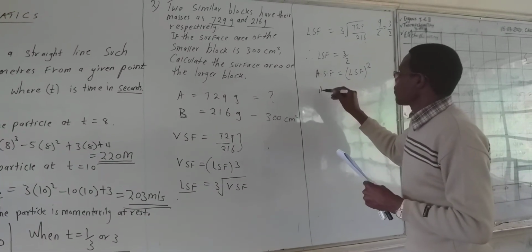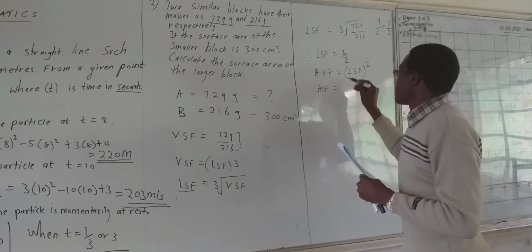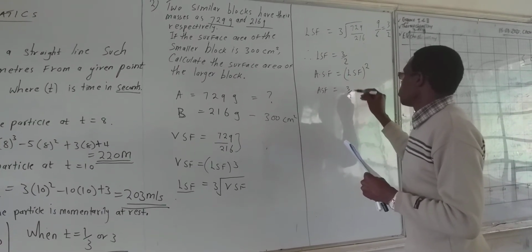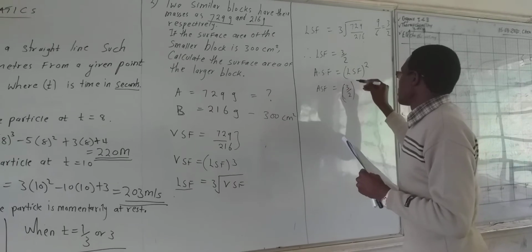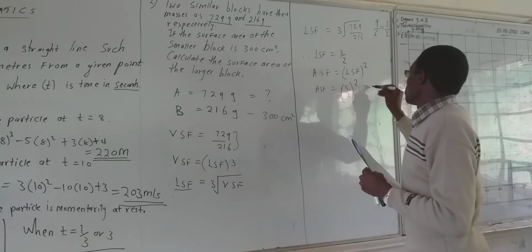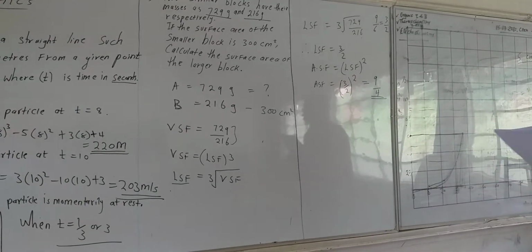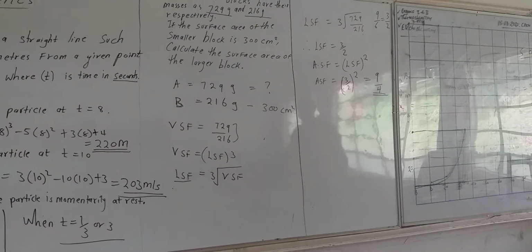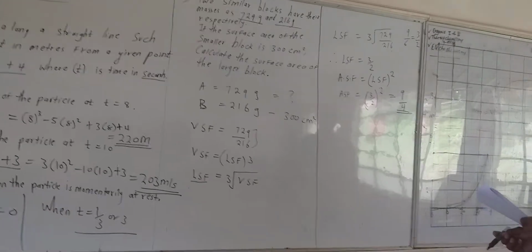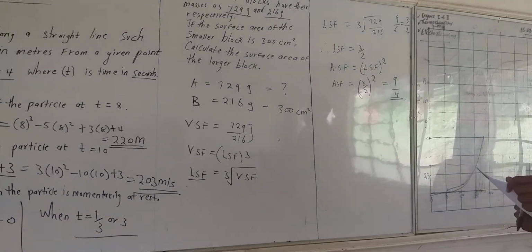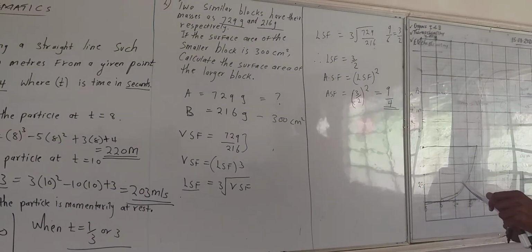Therefore, our area scale factor is 3 over 2 squared, which gives us 9 over 4. Our area scale factor is 9 over 4.